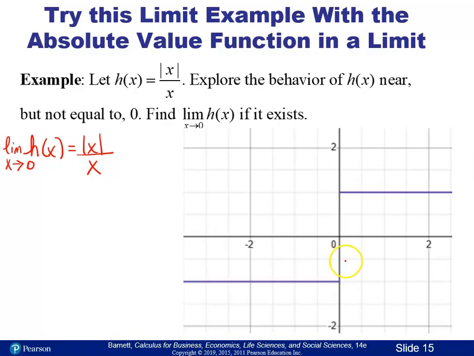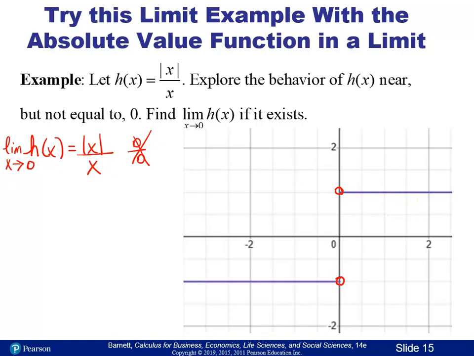Well, if I'm looking at this graph here, if I tried to plug 0 in, I'm going to get 0 over 0. So that's an undefined statement. And so that's where I have to use other methods like the table or the graph to be able to figure these out. So looking at this, we've actually got an open circle here and an open circle here.